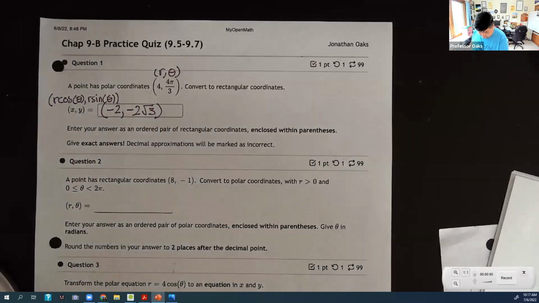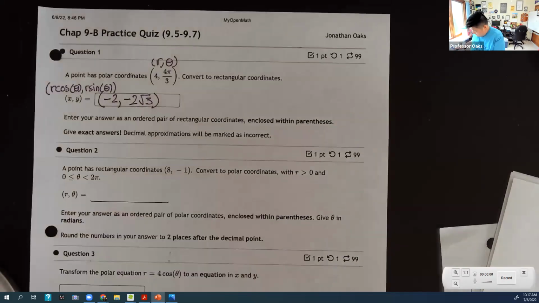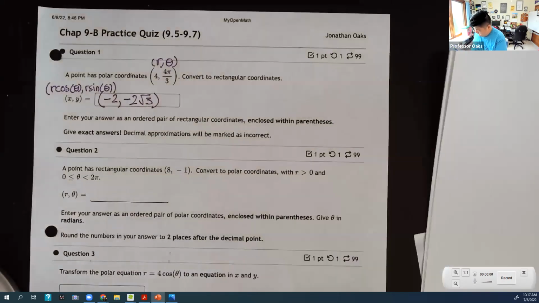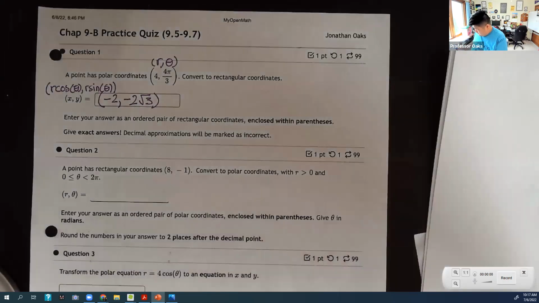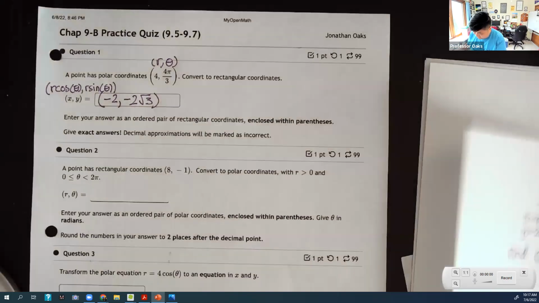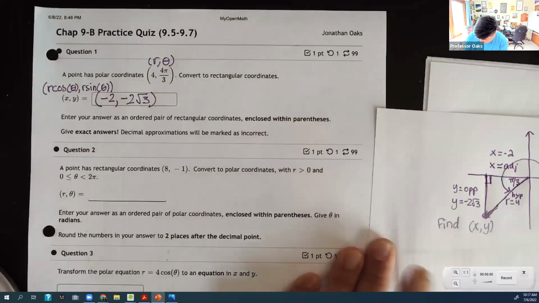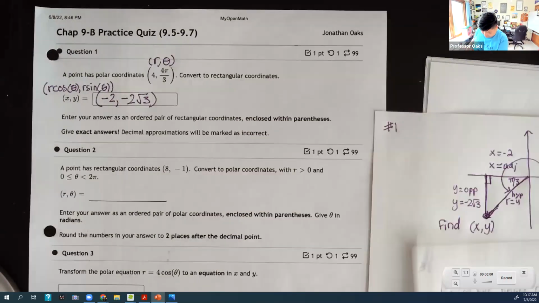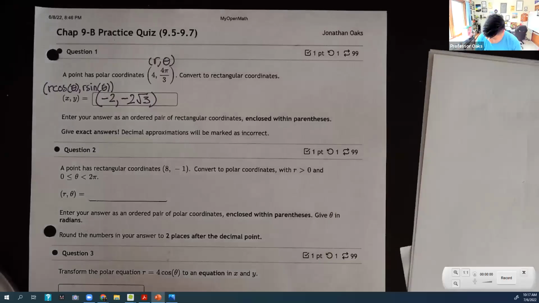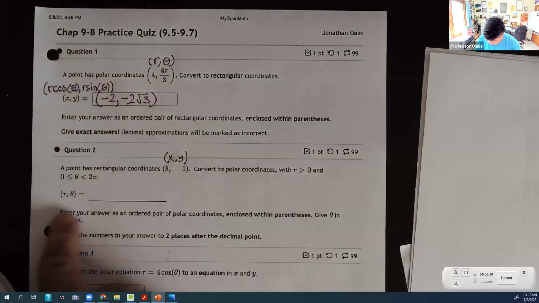Now, let's say you start with the x and the y and you need to change to the r, theta.